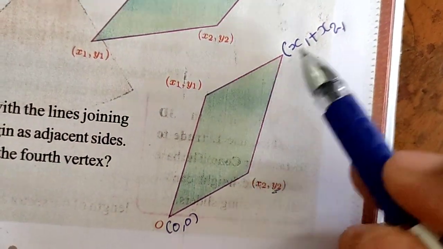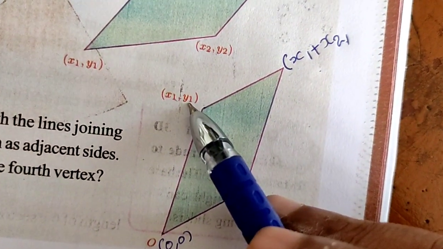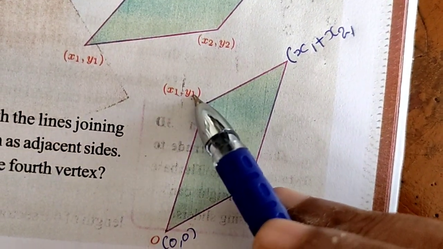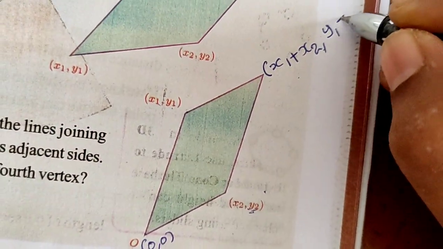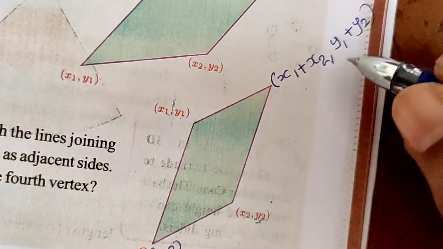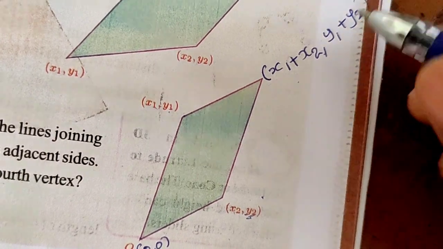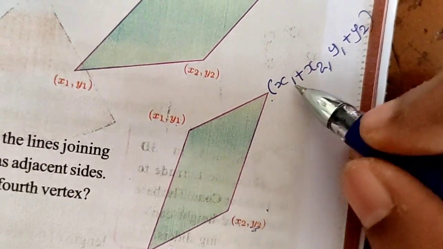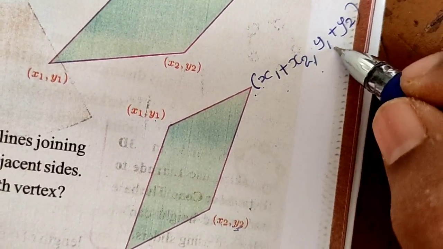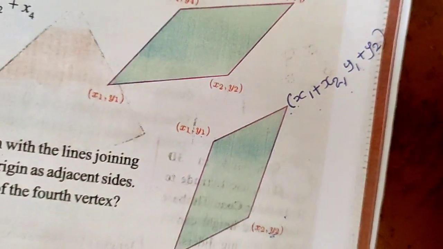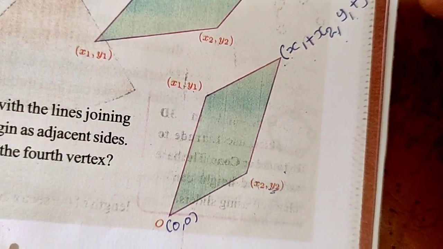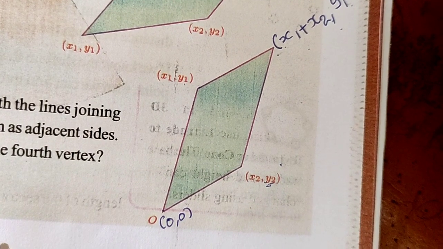So the same change will happen here also. That is, here we have y coordinate y1 and a change of y2. That means the y coordinate at that point is equal to y1 plus y2. So the coordinates of this point are x1 plus x2, comma, y1 plus y2. And we have two more problems in this section that we will discuss in the class.